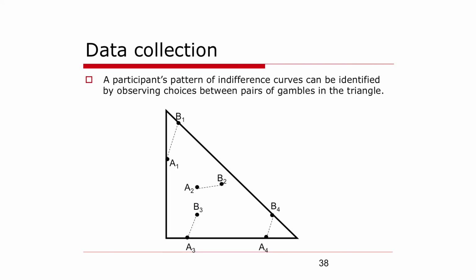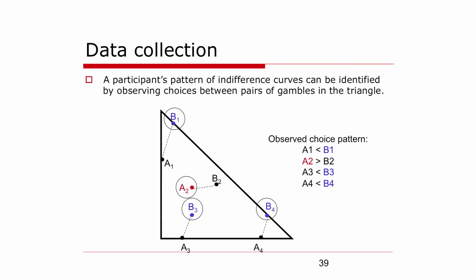Now, in reality, you present multiple pairs. Suppose you have 4 pairs, A1, B1, A2, B2, and this is what you observe, for example. Between A1 and B1, the subject chose B1 over A1, and between A2 and B2, A2, for example. If this is the choice pattern you observe, you try to see whether EU can predict this pattern among the 4 gamble pairs.